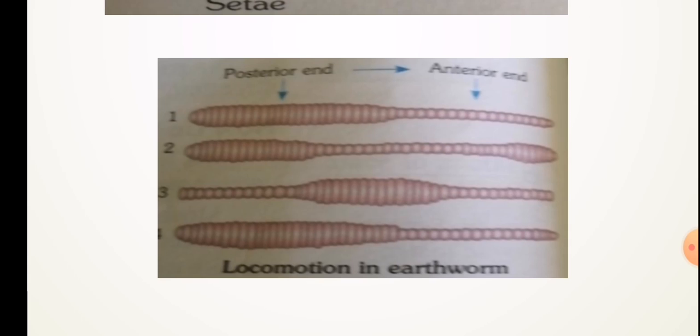The earthworm moves by the contraction and expansion of its body, with the help of setae. The snake's movement is called slithering, and the snake also moves by making loops on its sides. These are the different locomotions in different types of organisms.